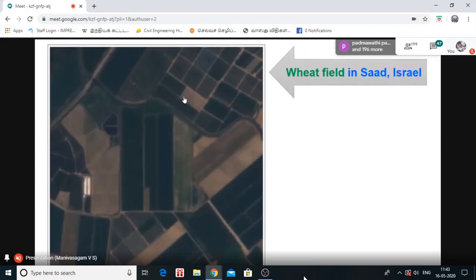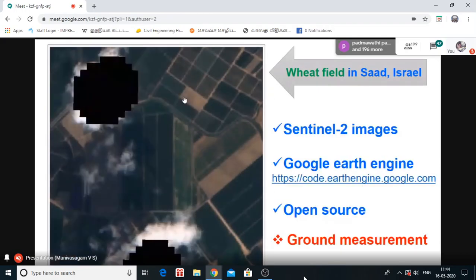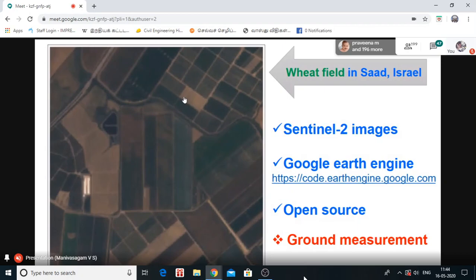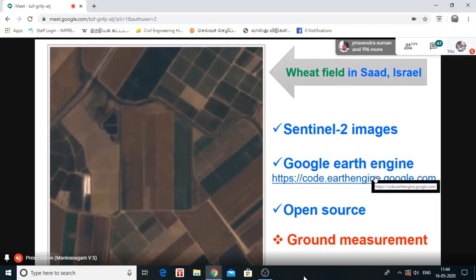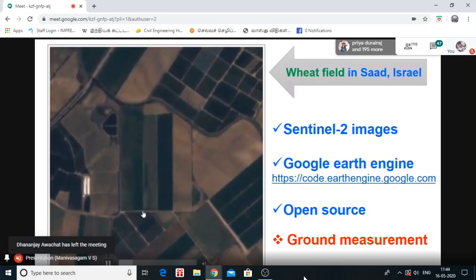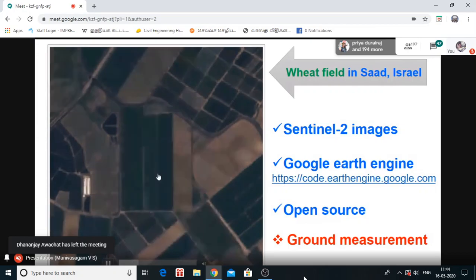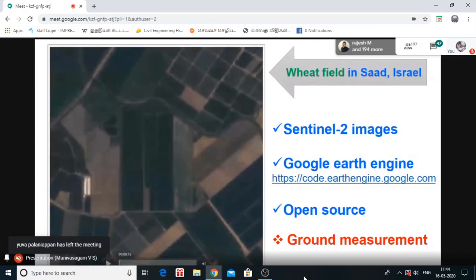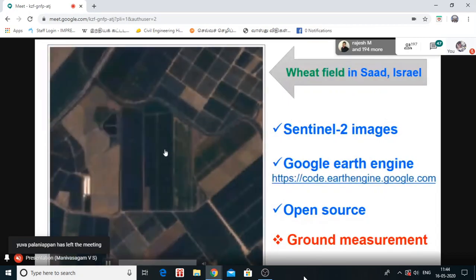This is the satellite imagery taken from Sentinel-2, and I have used Google Earth Engine. It's open source software, so you can also do this. If you see this video, initially the field is empty. Once the plants start growing, it gets dark green.